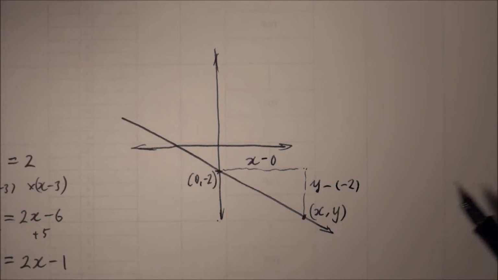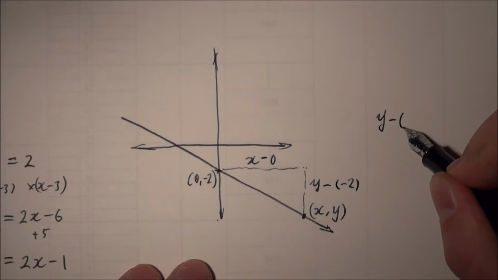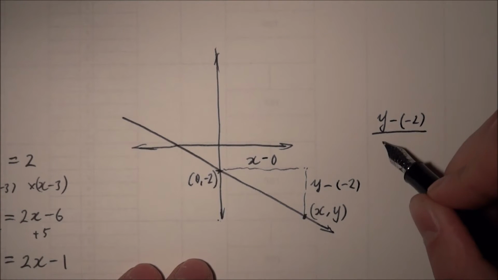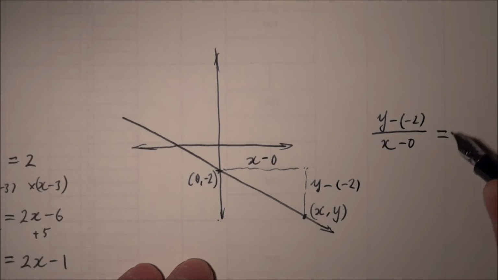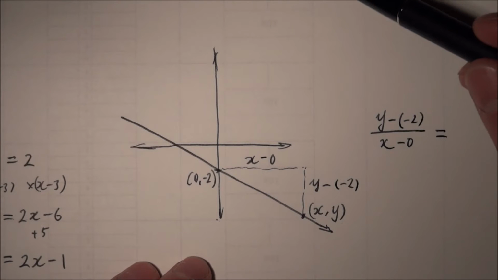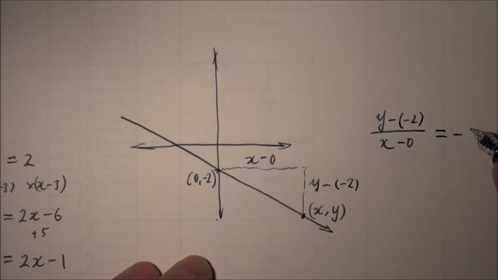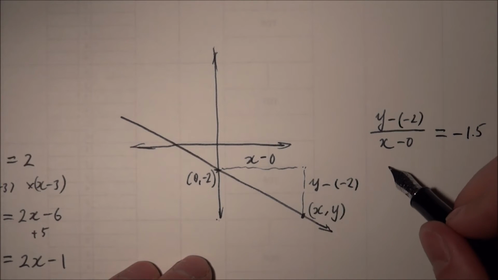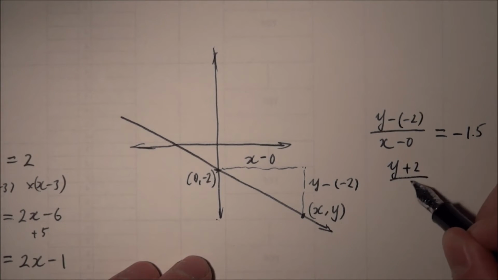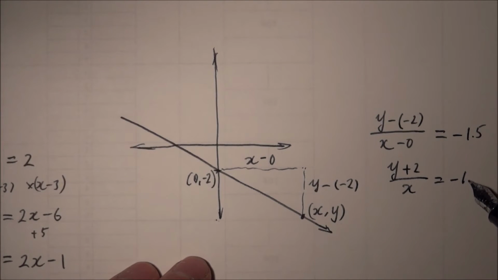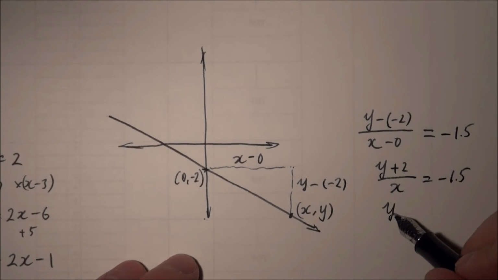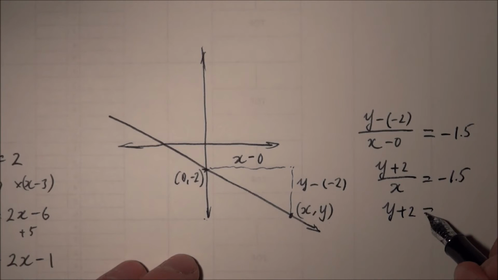So once again, we have our rise, we have our run. The ratio between them has to equal -1.5 because it's along the same straight line. So y plus 2 over x equals -1.5.